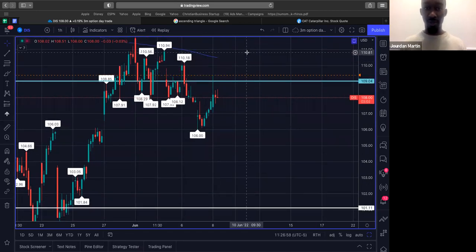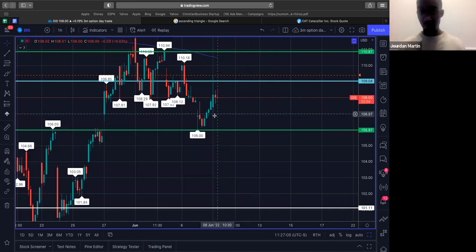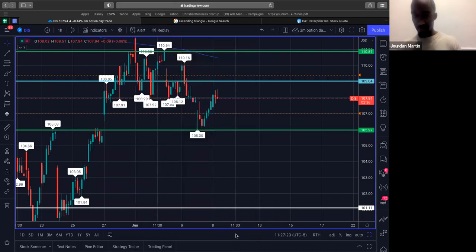Also have a gap on Disney, and then to the downside, let's see it go back down to 106. The low for Disney right here is 107.06. I'm gonna just set an alert for 107. Breaking down inside bar on 1 hour. So I'm just setting alerts right now.